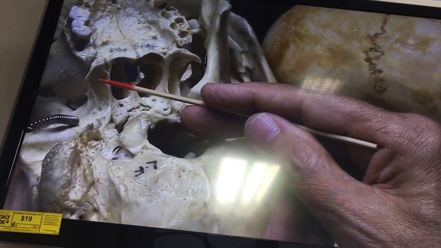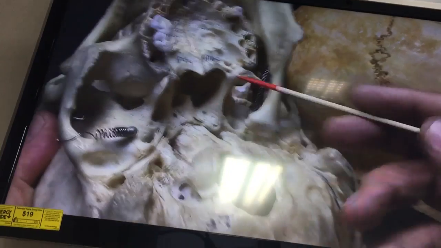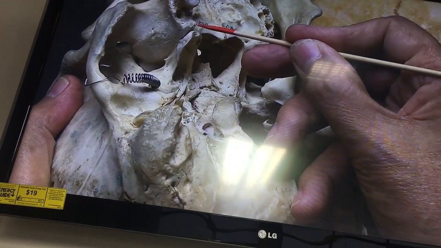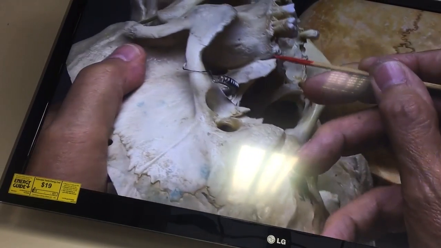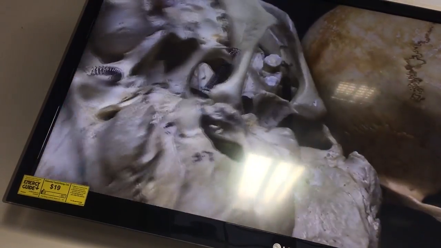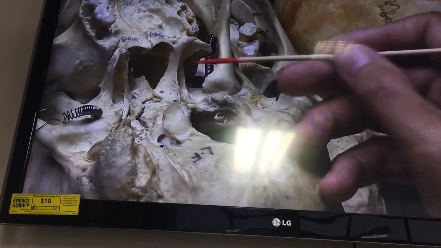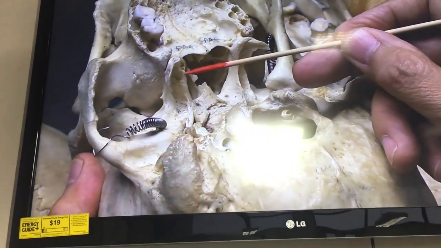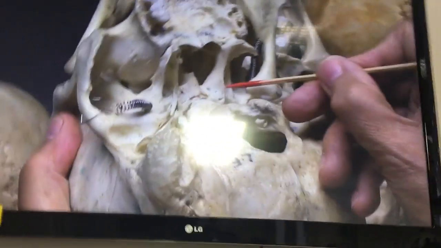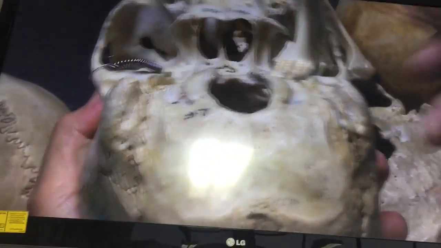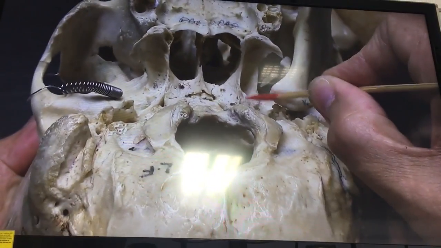The medial pterygoid muscle arises from the medial inner aspect of the lateral pterygoid plate, from the tuberosity of the maxilla, and the pyramidal process of the palatine bone, right? Now, the medial pterygoid plate comes right down, and as it gets down here, we have the scaphoid fossa. Focus up here on the scaphoid fossa.